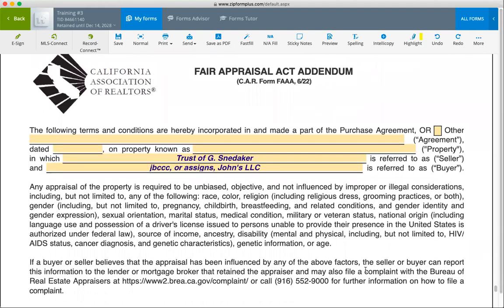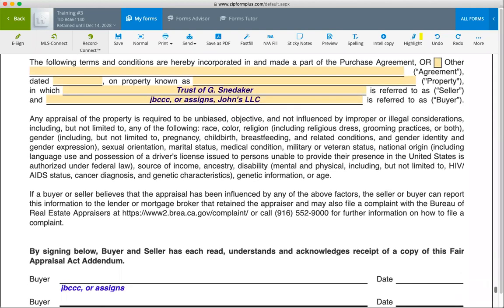And then this new form is actually an addendum. It's a fair appraisal addendum. And it's actually telling everyone that the appraiser can't discriminate on any basis, in terms of references to those discrimination areas, and they can't amend the appraisal based on these subjective matters.